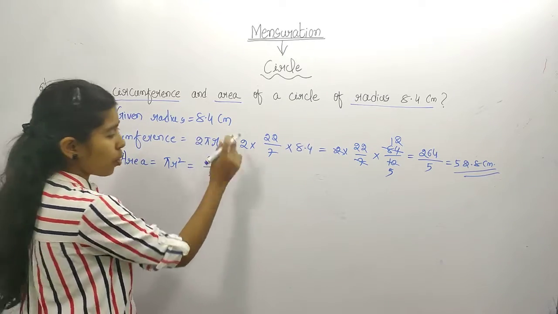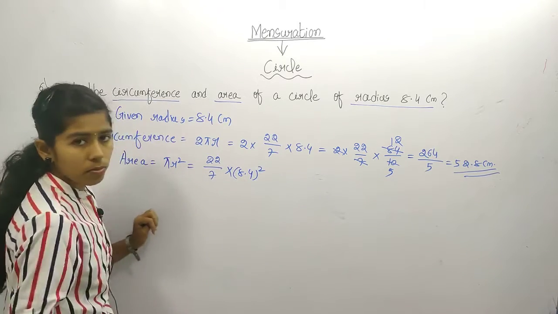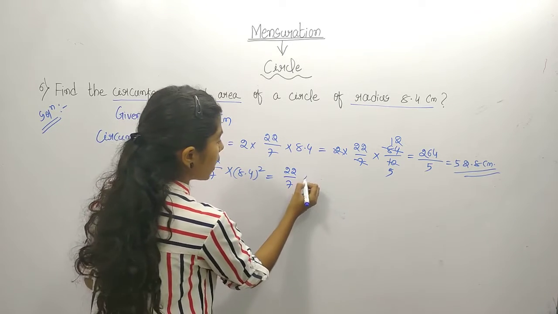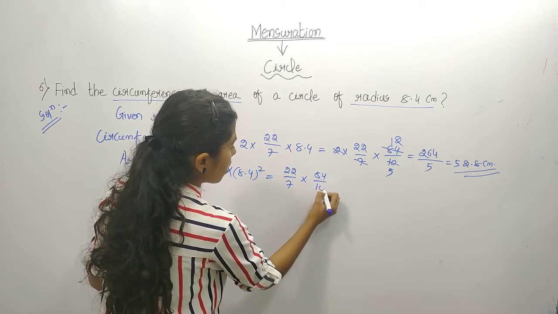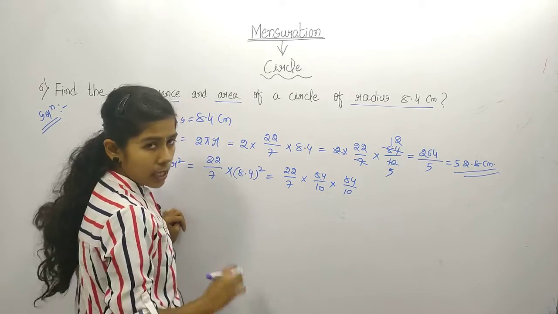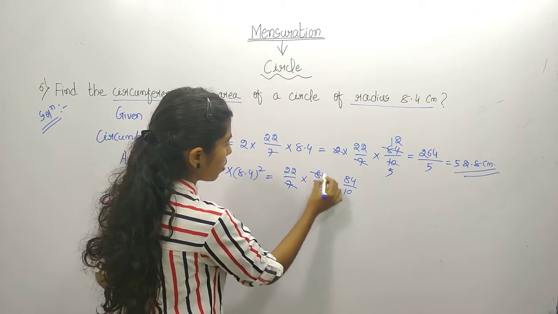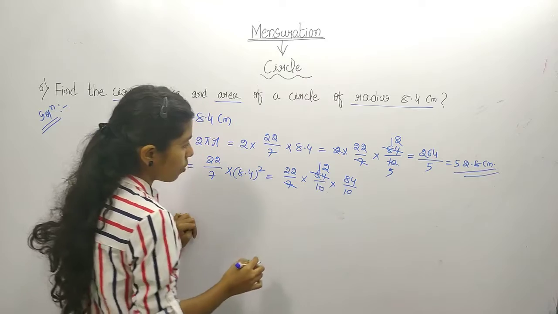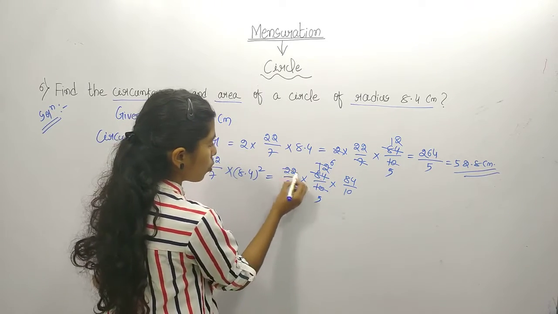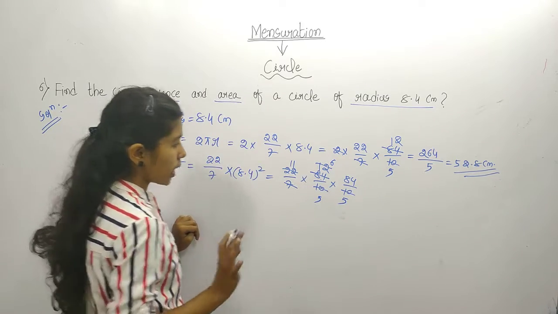Here r is 8.4, so 8.4 square, which equals 22 divided by 7 into 84 divided by 10 into 84 divided by 10, because it is radius square. So you cut 7 1 7, 7 2 14. Next, 2 6 12, 2 5 10, 2 1 2. Next we can't cut.